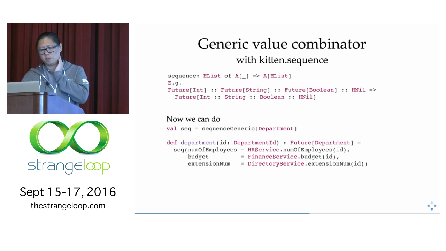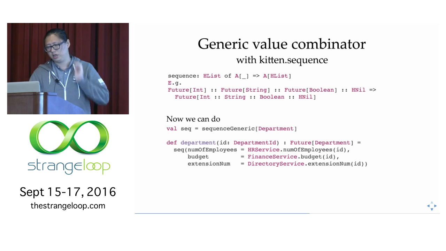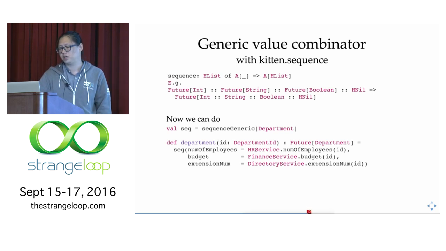So you call sequence generic of department, that gives you, you can call it a combinator, so that you call this combinator with number of employees equals a feature of integer, and then budget equals a feature of double, and extension number equals a feature of extension number. You give that to the combinator, it combines that into a feature of department. Does that make sense?